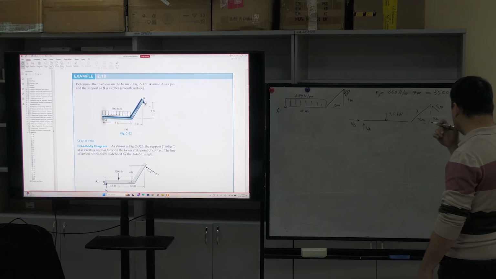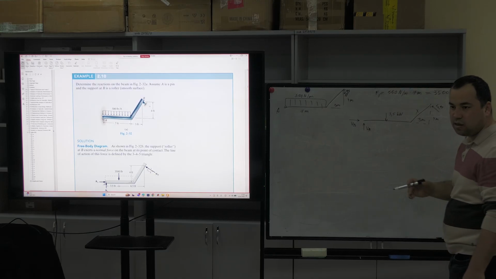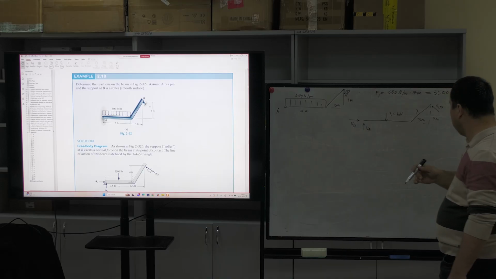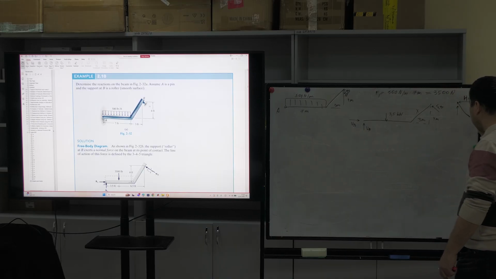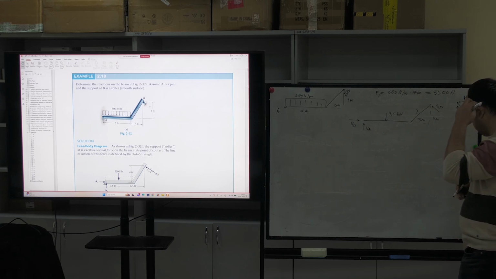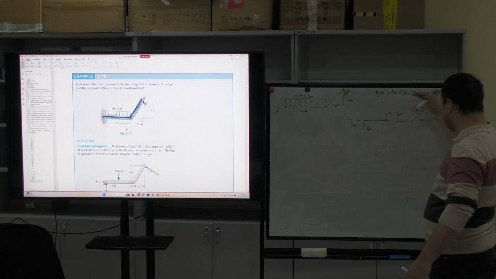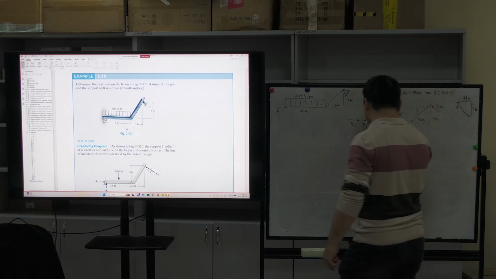Now I can solve this problem, yes? If I find only this component, I can find the force itself, it's easy. Or if I find this component, I can find the other component too. Anyway, it doesn't matter. But I think I have to identify both components in order to find some rotation.